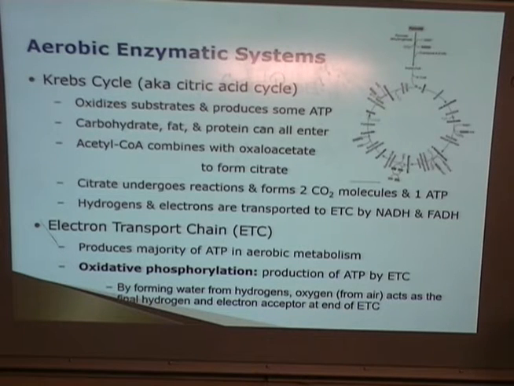Right. So, that's pretty simple, huh? We get one piece of ATP per Krebs cycle.